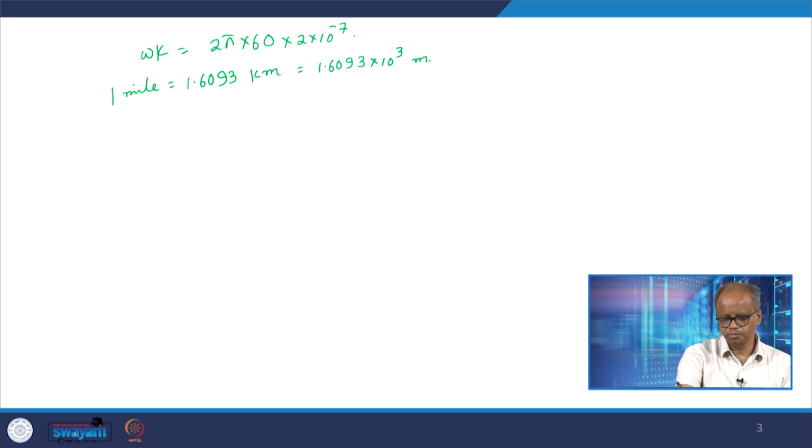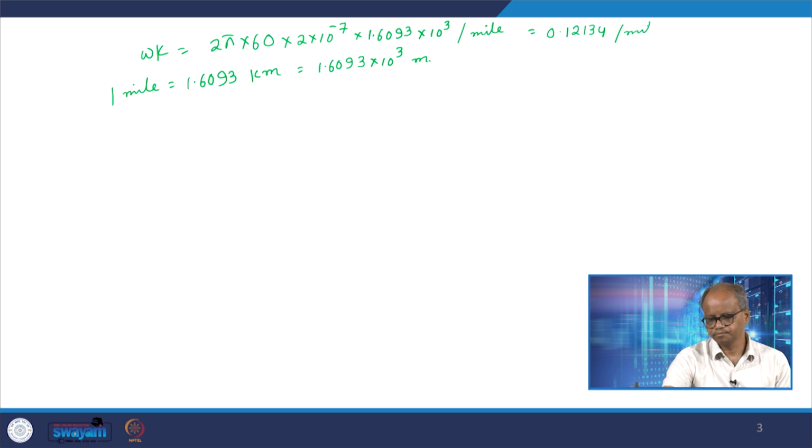So omega k would be multiplied by 1.6093 into 10 to the power 3, that would be per mile. If we do this calculation, we will find that it is given by 0.12134 per mile.